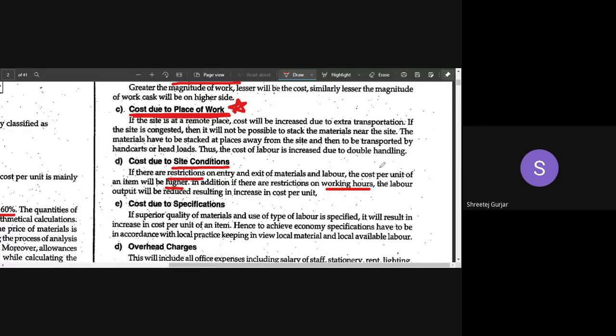If your working hours are lesser than the usual working hours, the labor output will be reduced because they will work less, hence the labor output per day will be less. Labor will work for fewer hours per day, hence your construction time will increase, and hence the cost of your project will increase in your rate analysis. So depending upon the site conditions, your rate analysis varies.